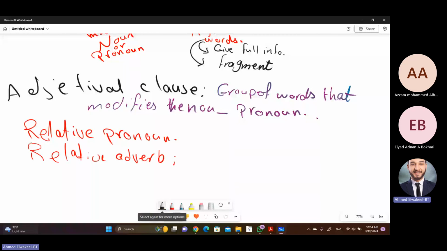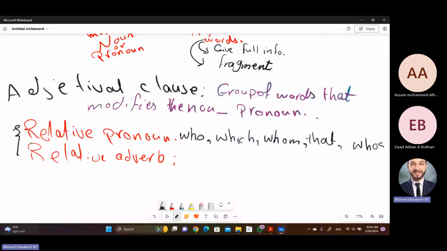Simply, if you know these, you can find any adjectival clause, just by knowing both the relative pronoun and the relative adverb. Relative pronouns, like for example, count with me: who, which, whom, whose, and that.